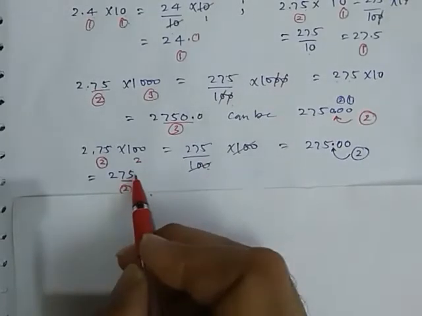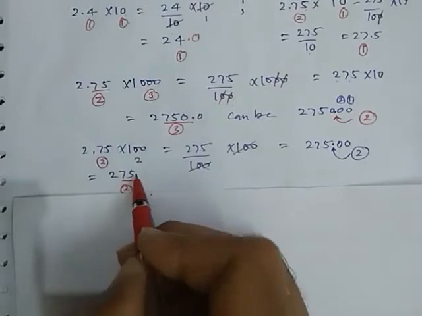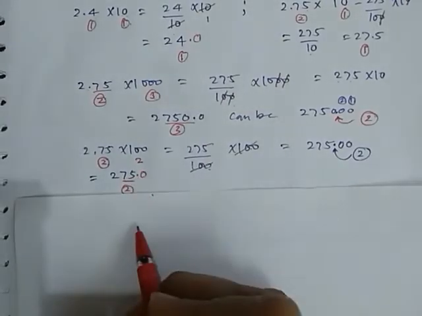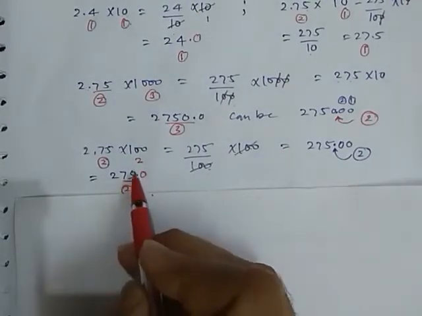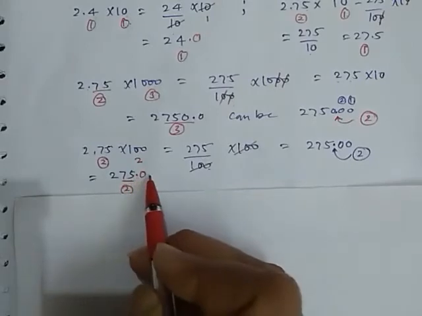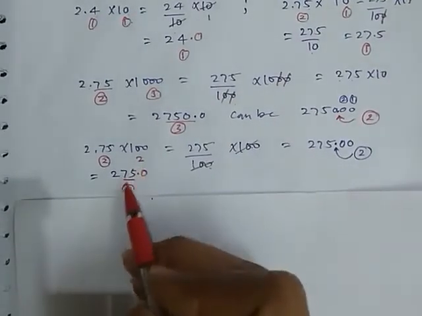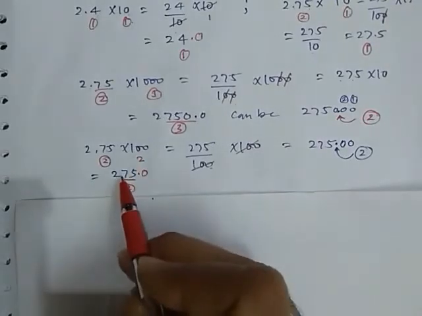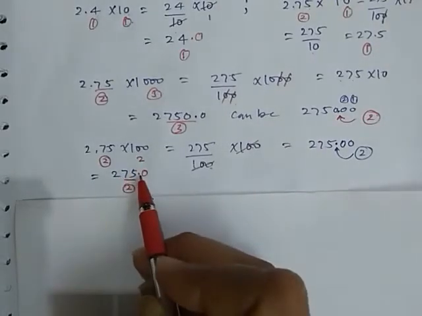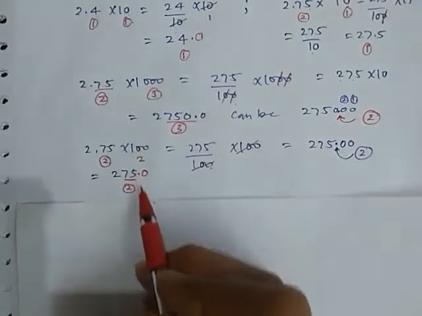But if we want to clarify it, we can put the decimal here like this. But the value of this 275.0 is 275. So we can write down 275, okay. But we shift the decimal by 2 digits because there is 100, okay.